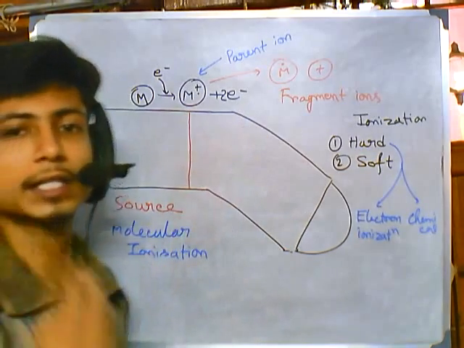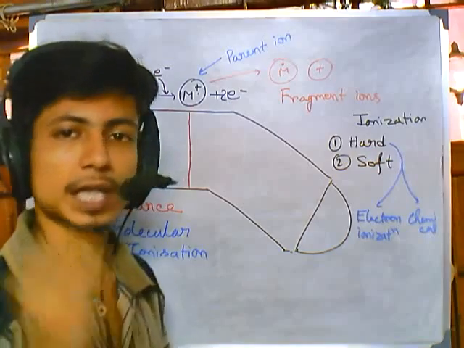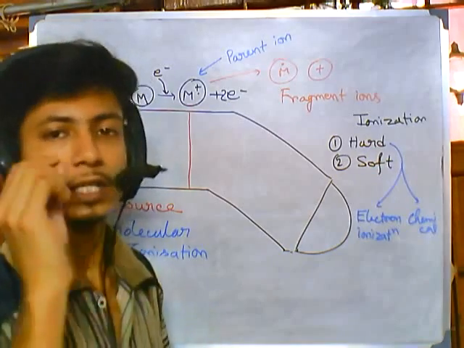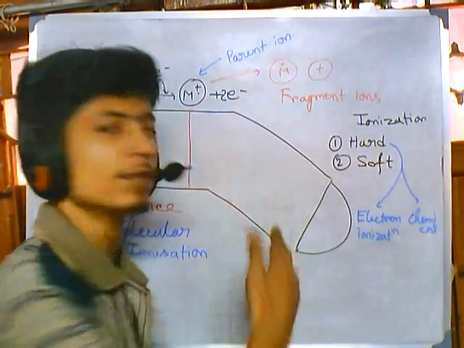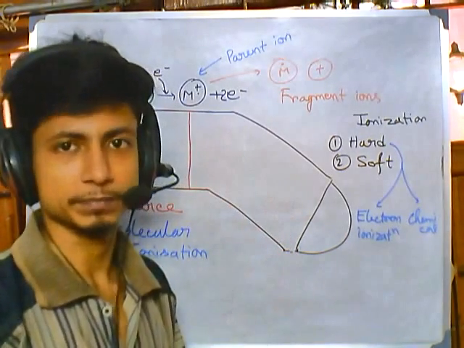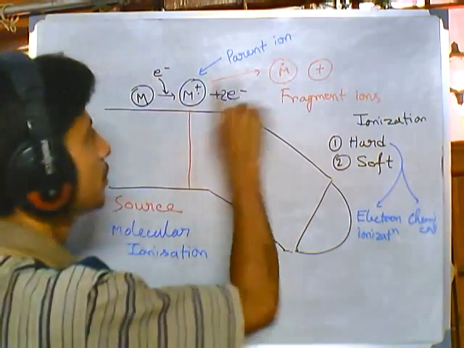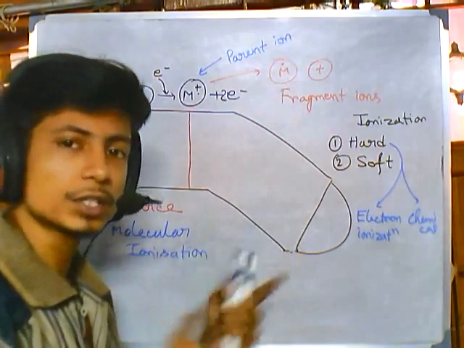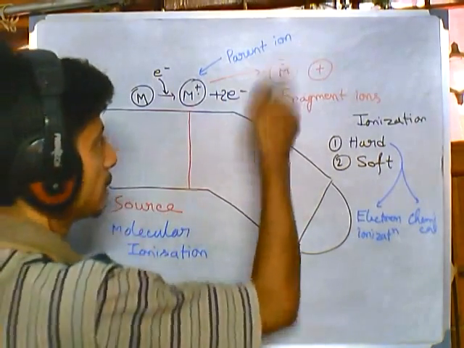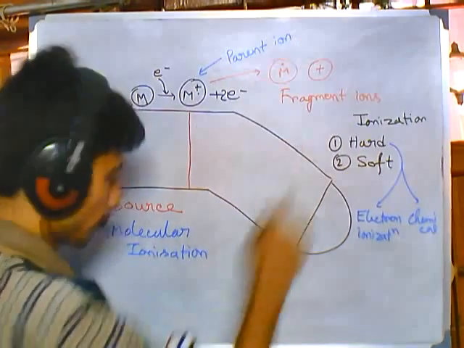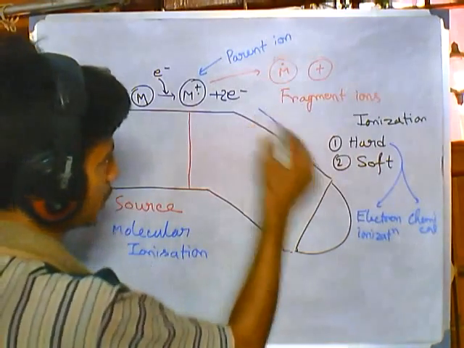Now for any kind of electric or magnetic field, we need a charged molecule to work with, because no neutral molecule is going to react under the field of a magnet or an electric field. Okay, so we need to make them charged, and this charge also ensures that it is broken down into smaller fragments, and it is also driven forward in the direction of the detector.